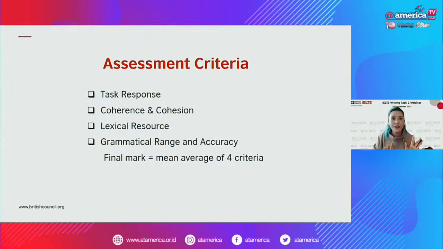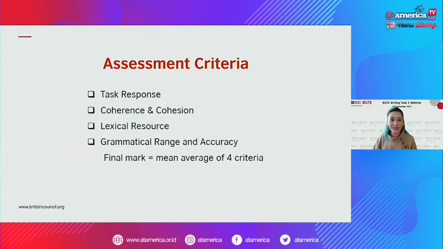So 7 plus 5 plus 5, that is 17 divided by 3. That's your overall writing score. 17 divided by 3 is, okay, it's not a 6, it's rounded down, so it's 5.5.